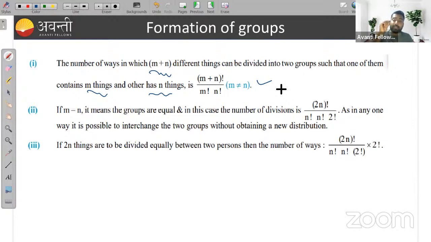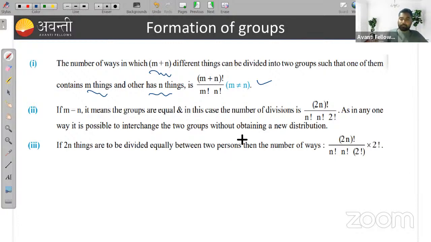When you have m plus n different objects and you need to divide them into two groups of size m and n, the number of ways is (m plus n) factorial over m factorial into n factorial. Is that clear, everyone?